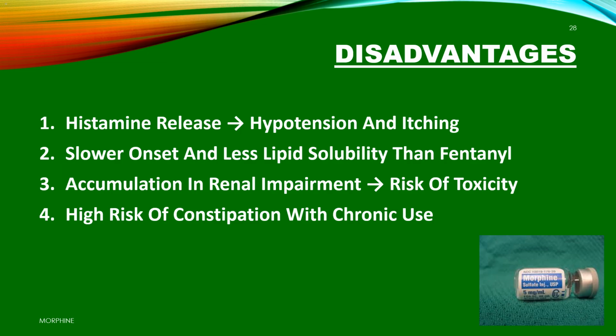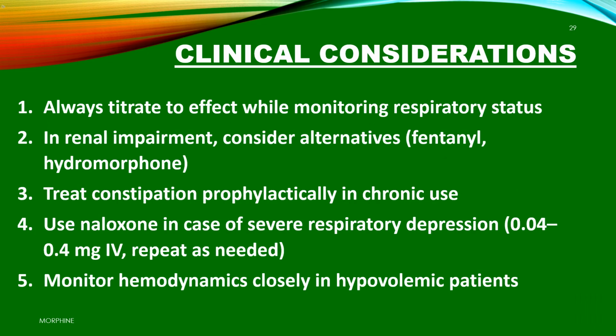Accumulation in renal impairment. Morphine can accumulate in patients with renal impairment, increasing the risk of toxicity and adverse effects. 4. High risk of constipation. Chronic use of morphine can lead to a high risk of constipation, which can be a persistent and uncomfortable side effect for patients.